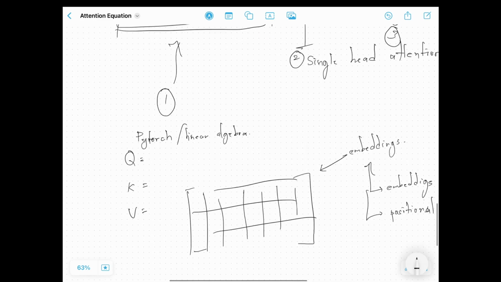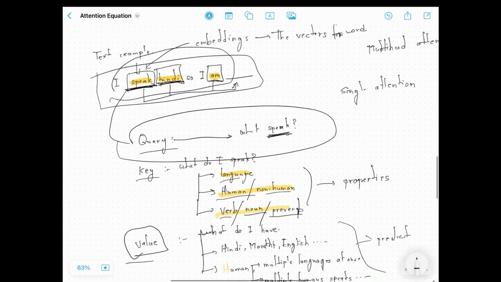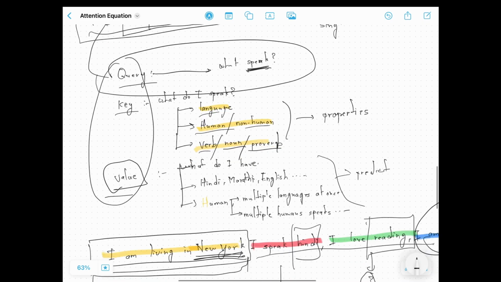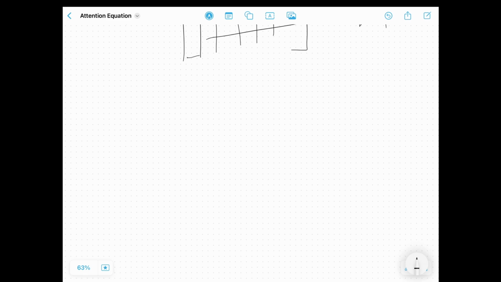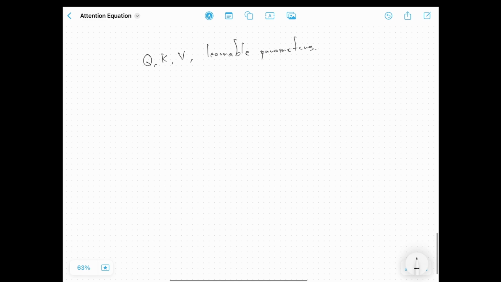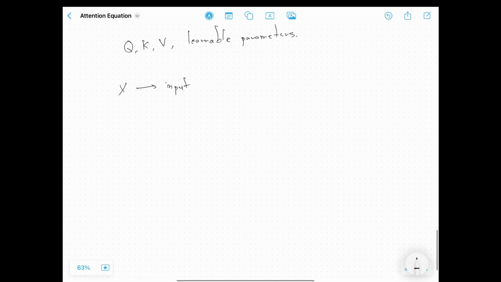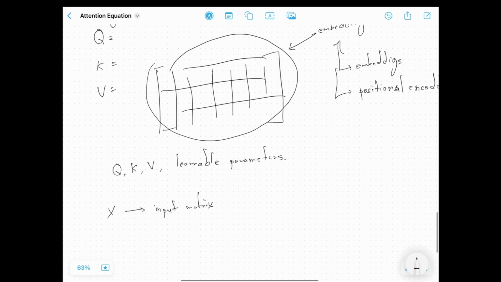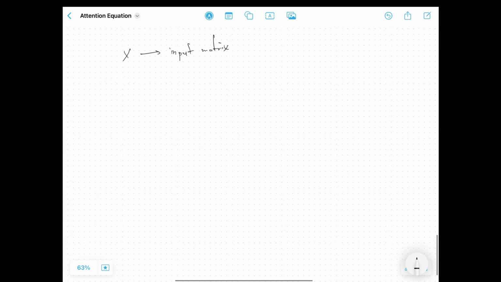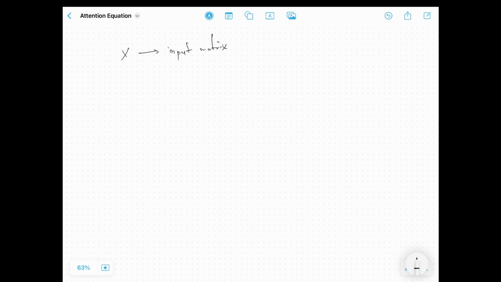And as I told you, there are three things that we need to understand about this. We need all three parameters to be learnable. So let's say X is my input matrix, which is the embeddings, with positional and all the embeddings involved. Then I need to find the query, key, and value.